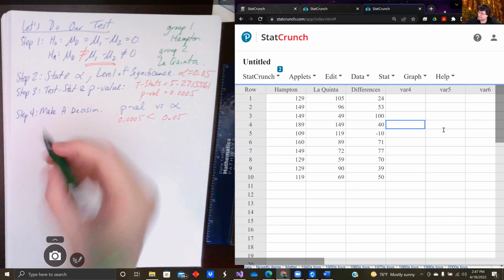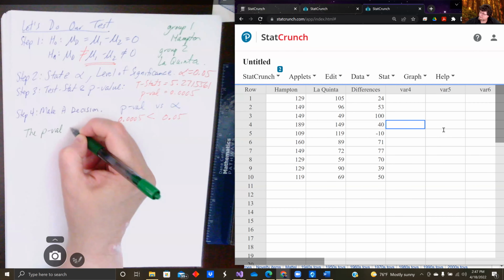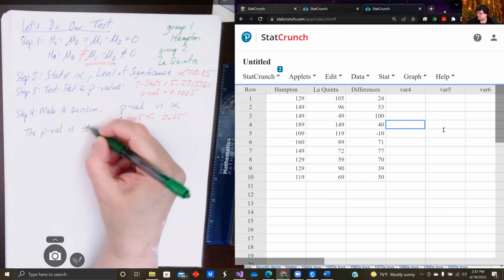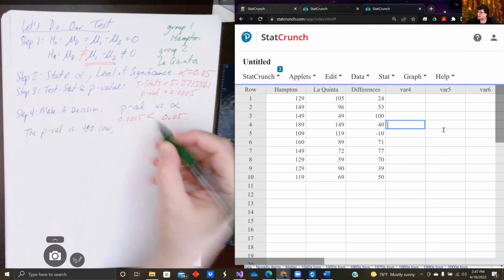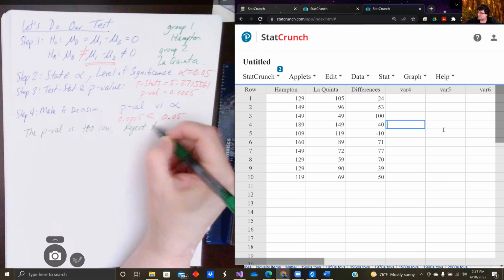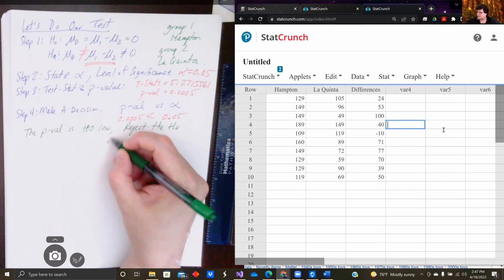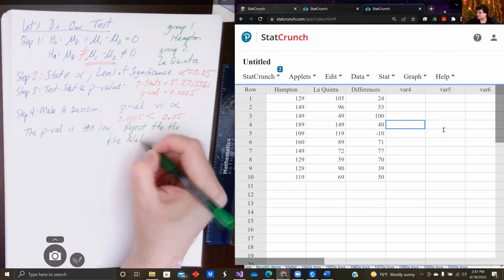So when the p-value is too low, reject the H0. Or if you don't like saying that, the null must go.